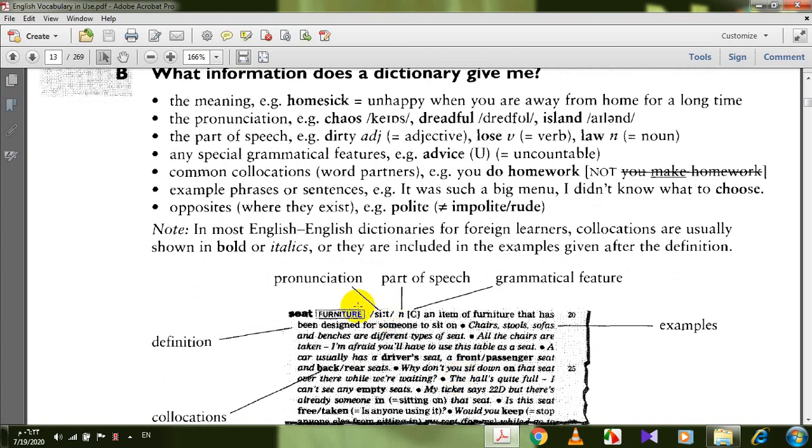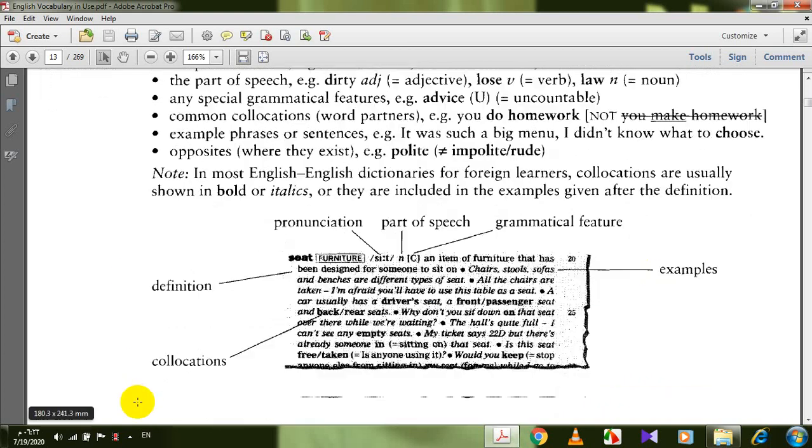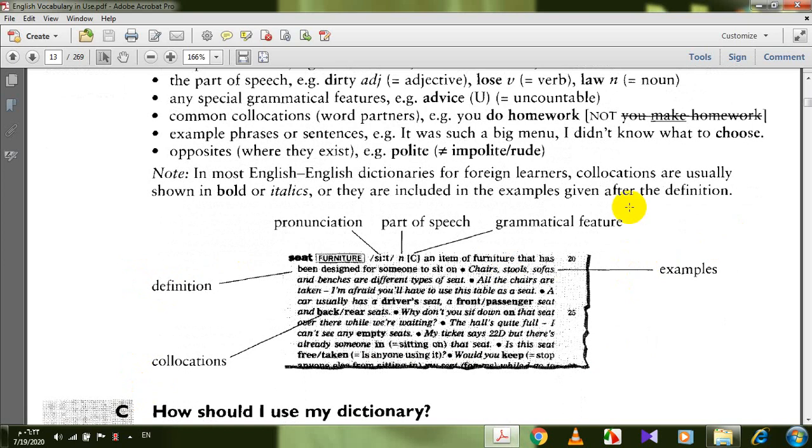Okay, so this is a simple example of how a word is presented in the dictionary. So this is seat, S-E-A-T. Okay, furniture. Okay, you see these two slashes? This is the pronunciation. Seat.